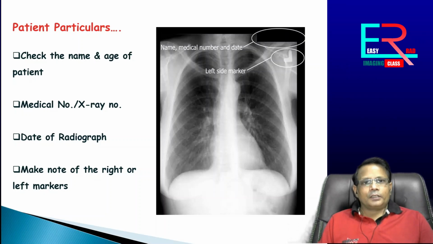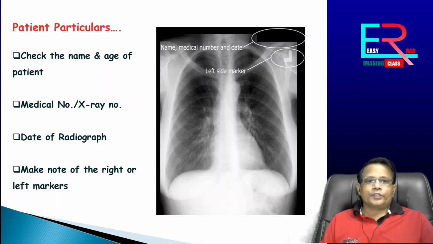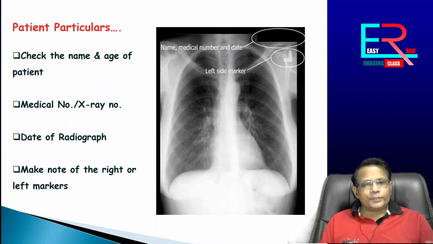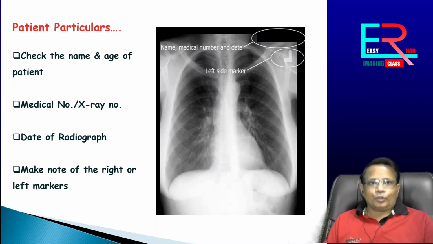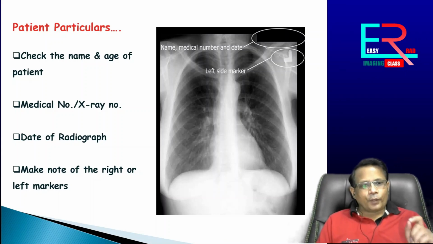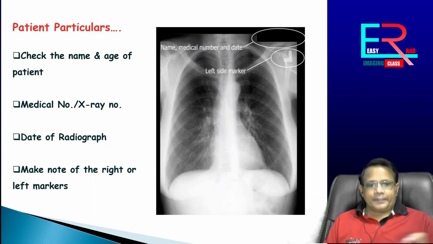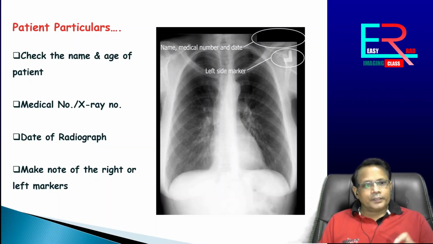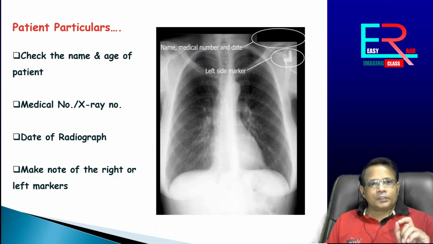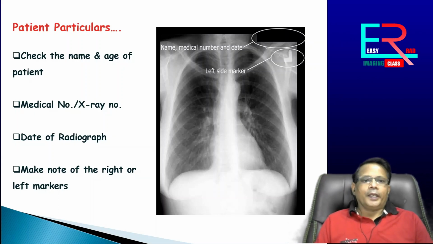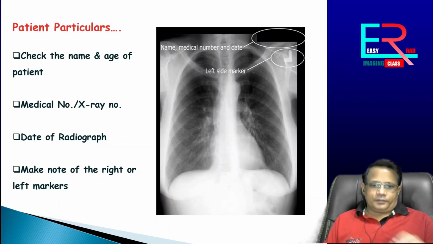You may get a radiograph with dextrocardia and try to keep the heart on the left side, so you may make a mistake about the side. So always get a properly side-marked X-ray. If you don't get it, consult the concerned radiographer or technician and ask.